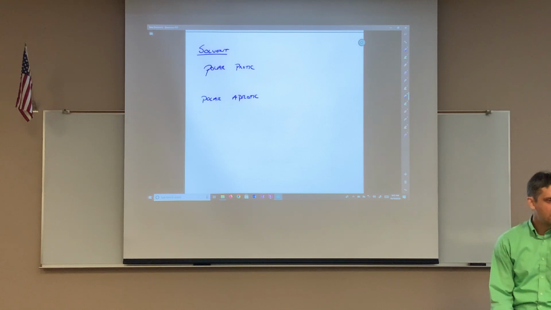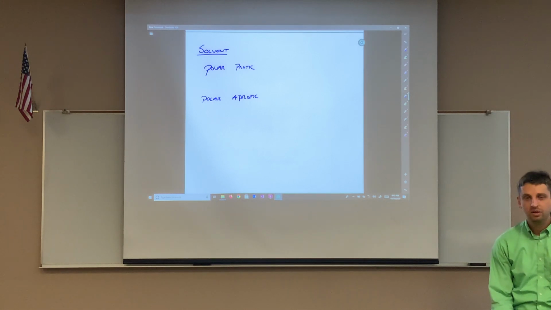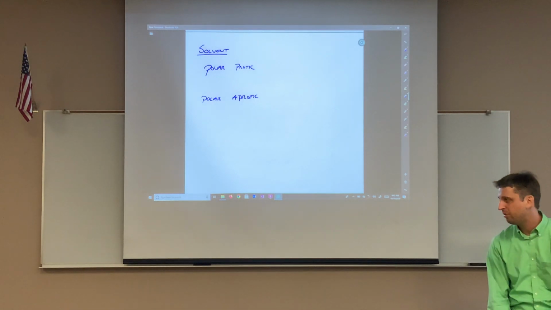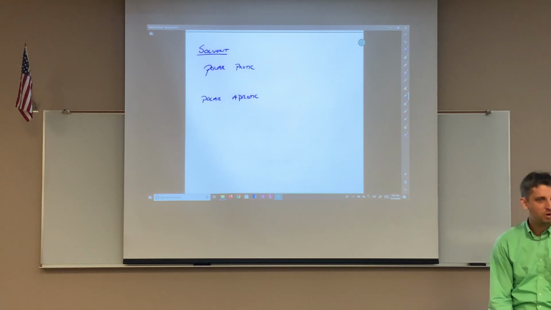As with most things in life, we should always ask the question, what's the same and what's different? Well, both of these solvent classes are polar, which means they both have negative and positive ends. What does that tell you?